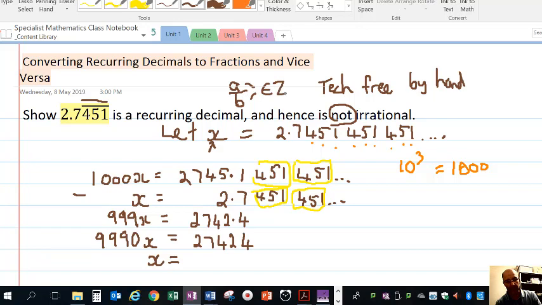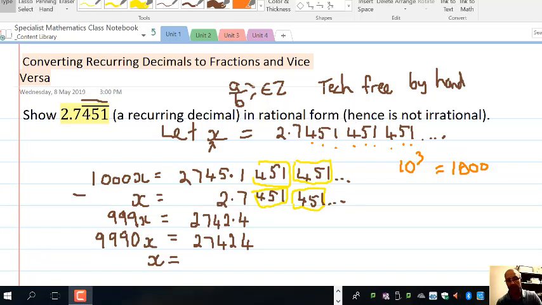In fact, I've just spotted some flaws in my question wording, so let me refine that question a little bit. Is that better? So show this recurring decimal in rational form, hence you're showing that it's not irrational.